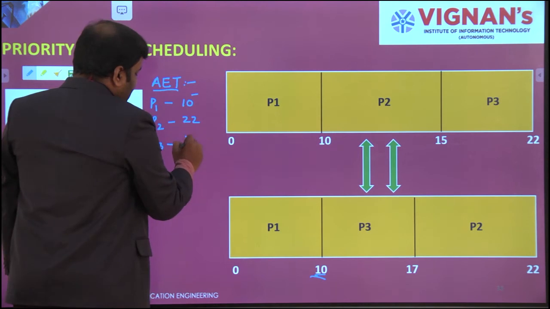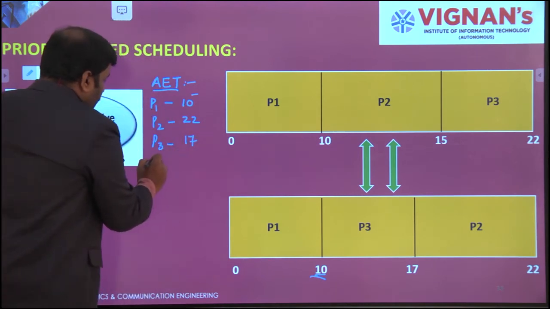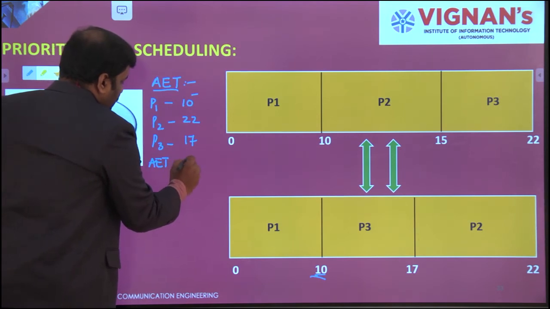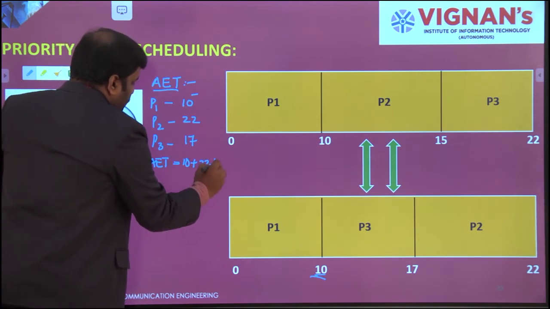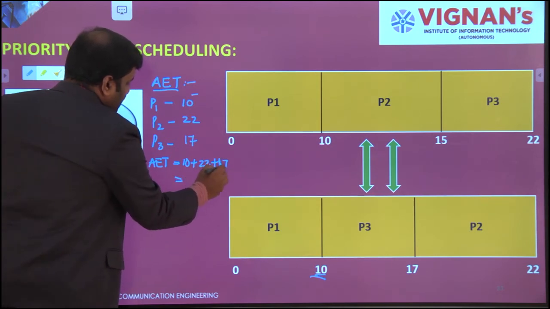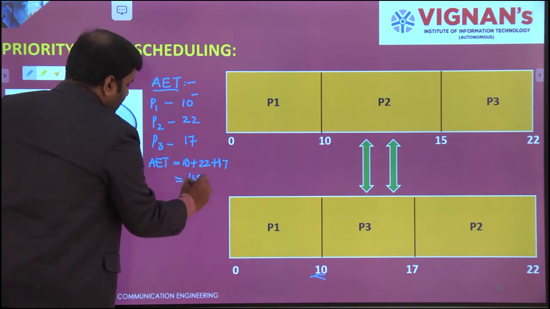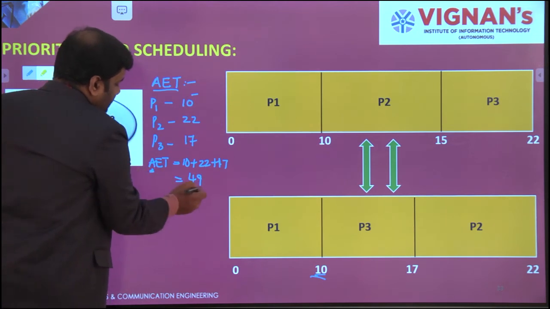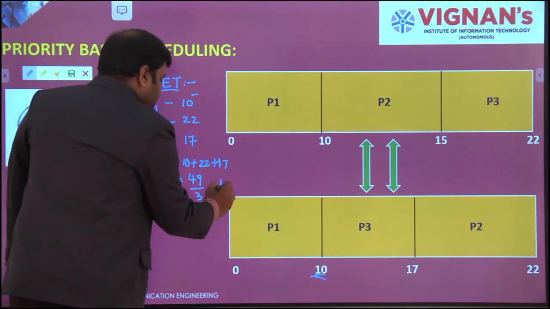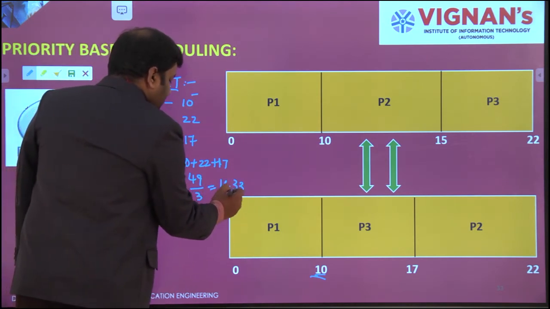And P3 will execute at 17. So now I need to find the average execution time equal to 10 plus 22 plus 17. This will be 32 plus 17, 49. So obviously I need to find the average, so my denominator is 3. This will be 16.33.